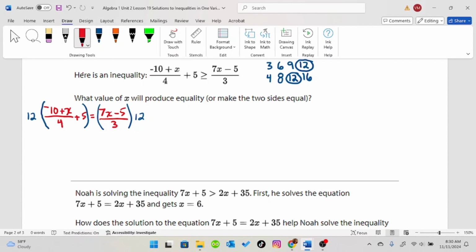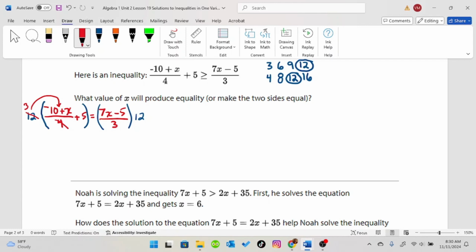Now, 12 times negative 10 plus x over 4, 12 is divisible by 4 3 times, and that cancels out the 4 on the bottom.